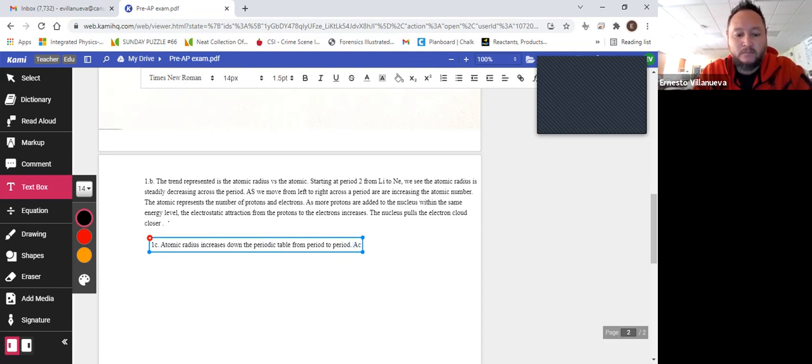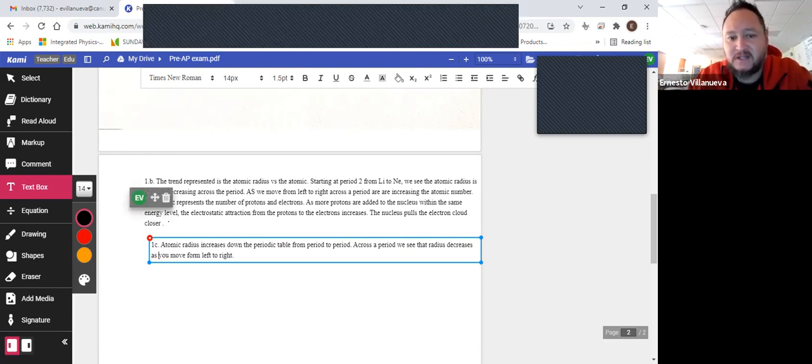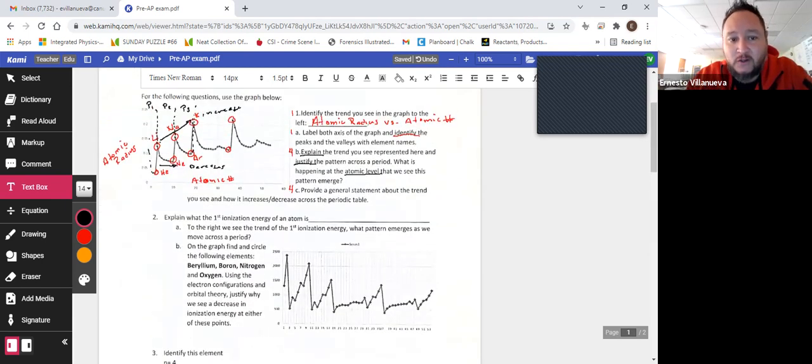Across a period, we see that radius decreases as you move from left to right. That's it. That's it. General statement explaining exactly what this graph is showing you.